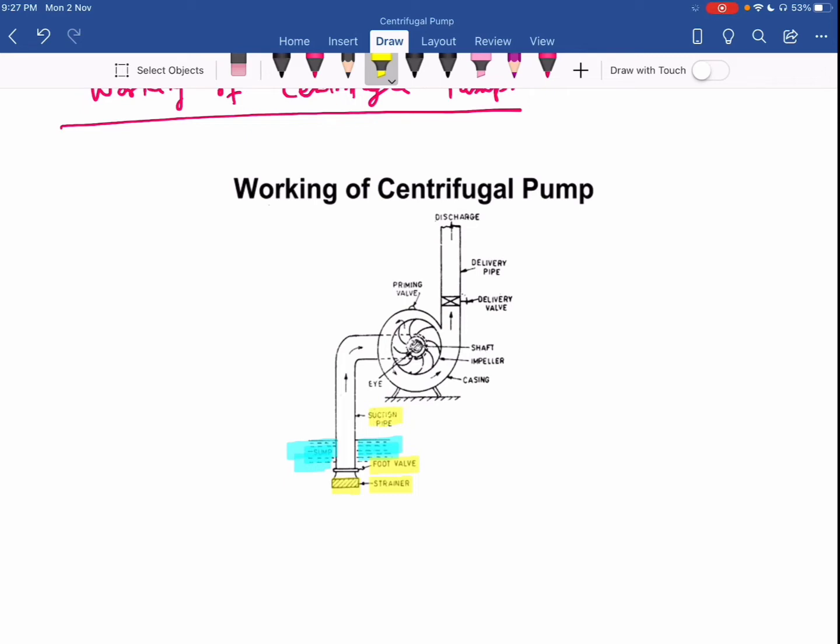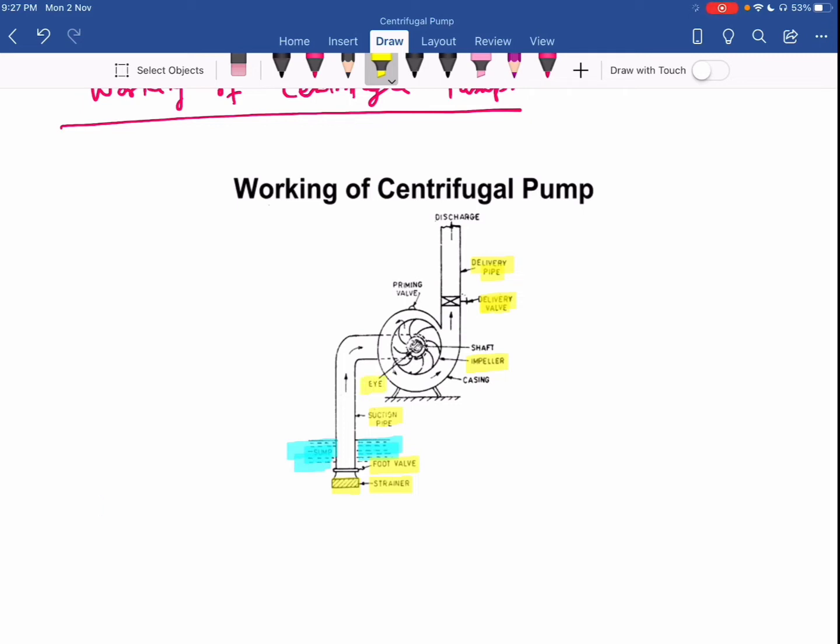Okay. On the other side, I have one more pipe that is called delivery pipe. Okay. So to control the discharge in the delivery pipe, I have the delivery valve. Okay. Now my suction pipe connects to the impeller. Now as you can see the impeller over here, my suction pipe connects to the impeller at the part that is known as eye of the impeller.